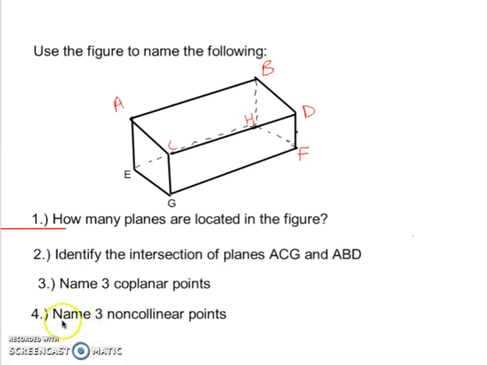And the last part of this example, we're going to look at this figure and name 3 non-collinear points. Go ahead and write your answers down. And we're going to move on to our last example.